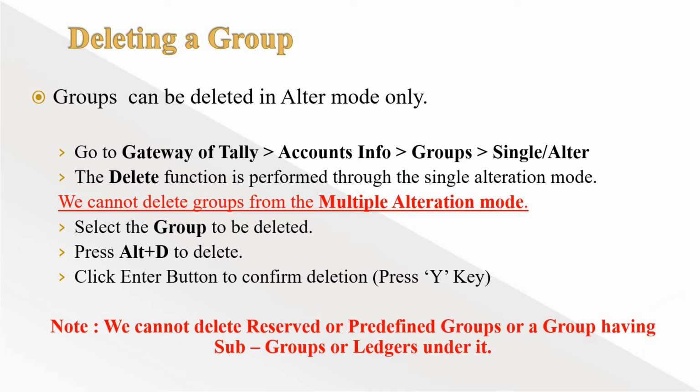One more thing, if the ledger is used in a voucher, in that case also we cannot delete. First we have to delete the voucher, then delete the ledger, then go for deleting the user defined group. Now we will see the practical part of display, alter and delete in Tally.